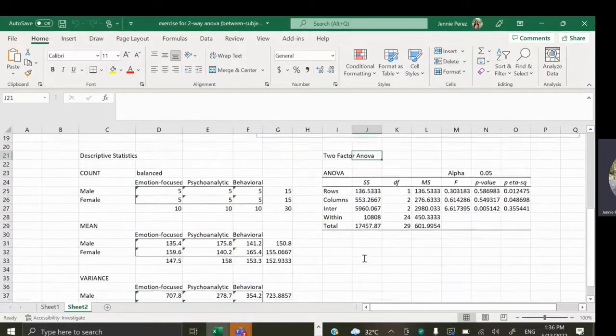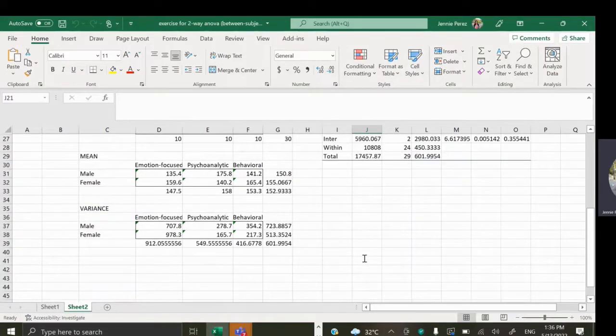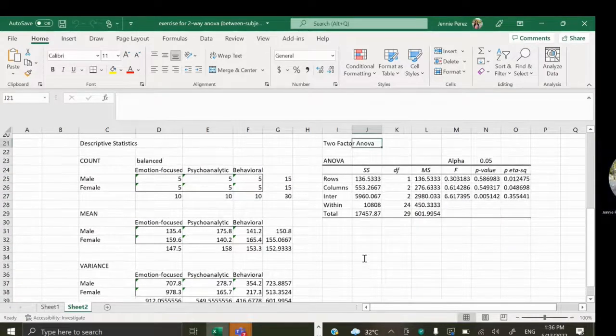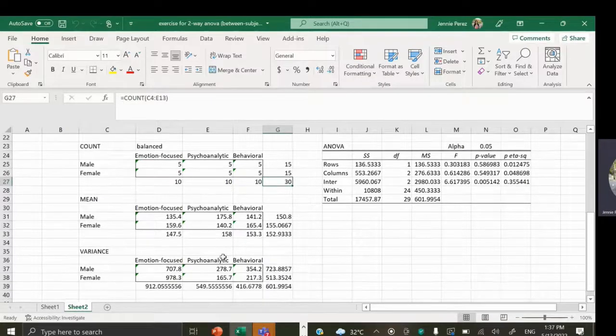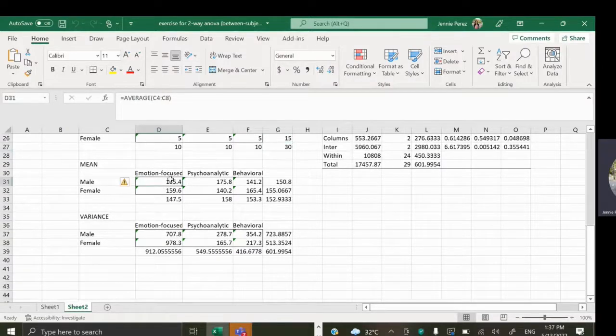So here we can see that these are now the descriptive statistics. There are 5, so these are the counts. There are 5 for each cell, so we have 30 all in all. And these are the mean scores in grief, the grief mean scores.